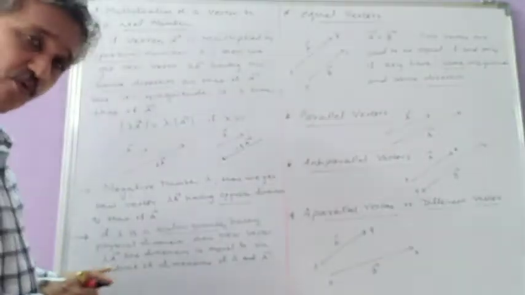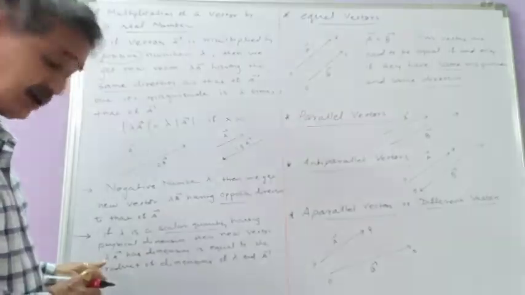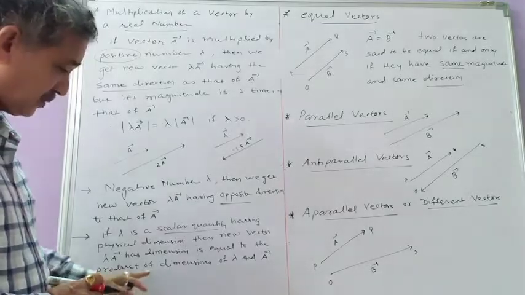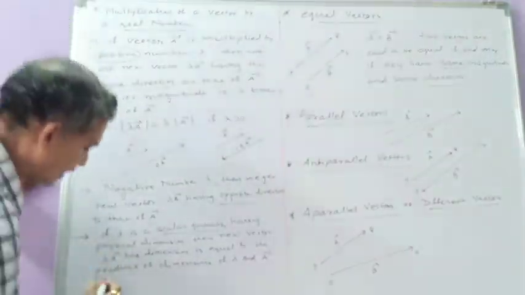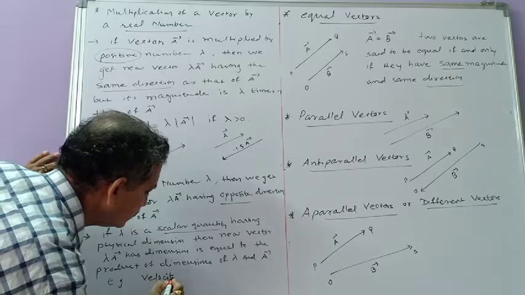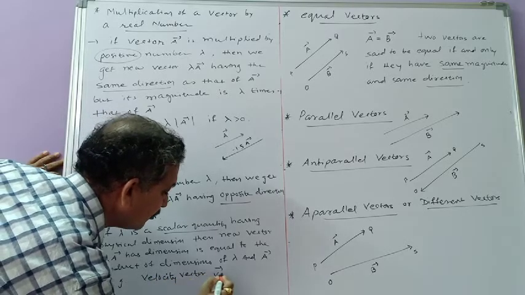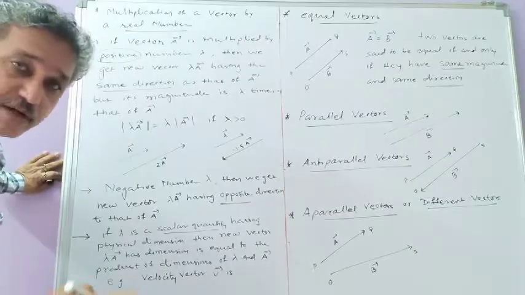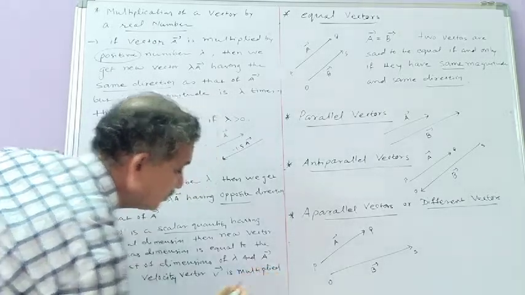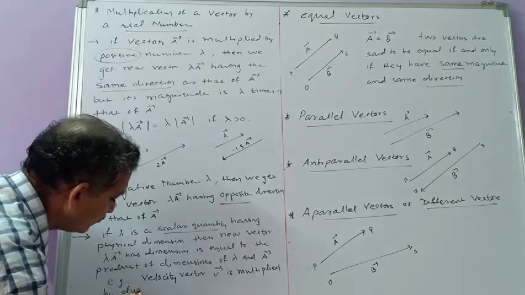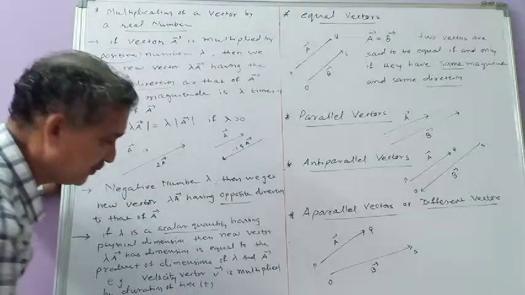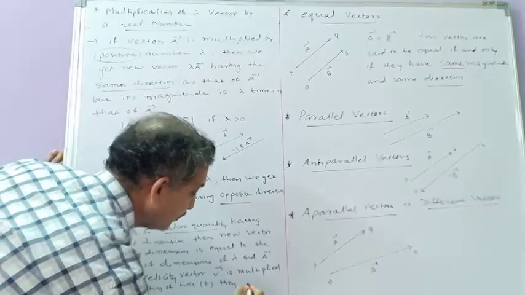then you will get a new vector by multiplying lambda with A. And this new vector lambda A has dimensions equal to the product of the dimensions of lambda and A. As for example, if I say velocity vector V is multiplied by the time interval, the duration of time denoted by symbol t, then we get a new vector Vt.